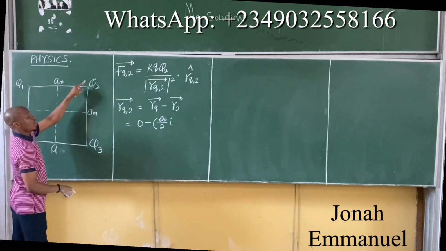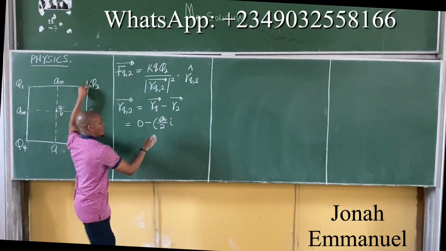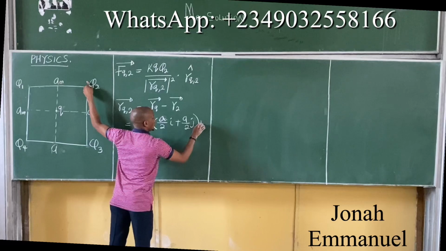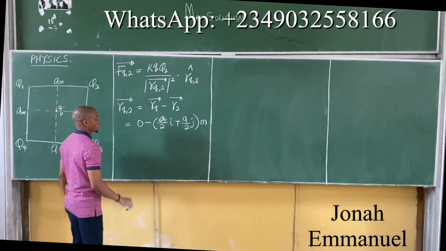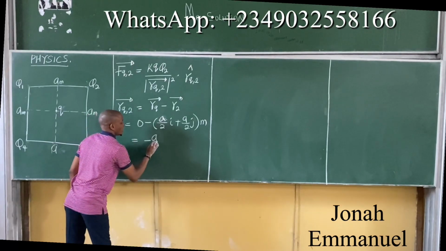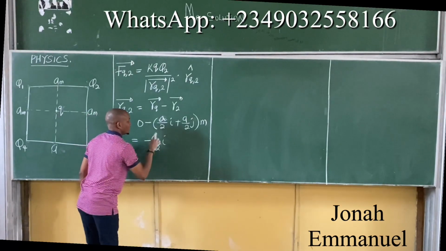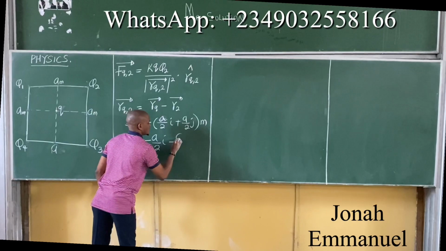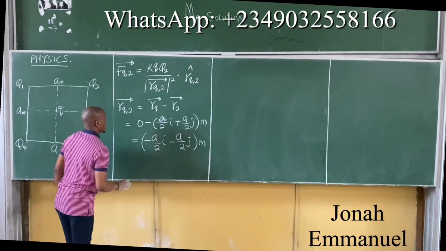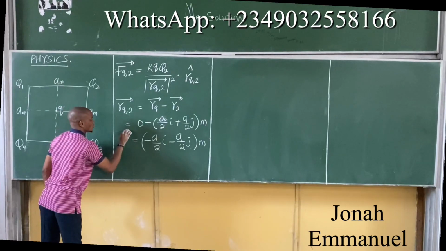Then from here I'm going upwards, still positive, it becomes plus a over 2 j, all in meters. Work this out, this is now equal to minus a over 2 i, minus a over 2 j, all in meters. This is the value of rq2.